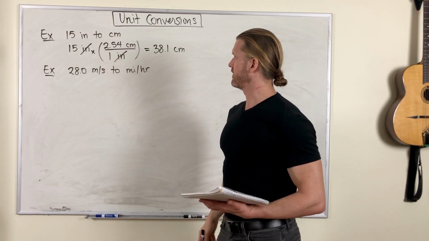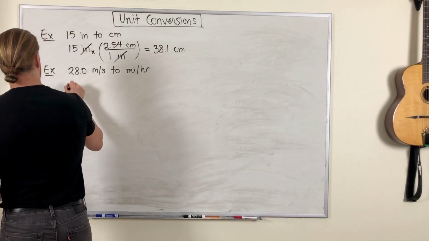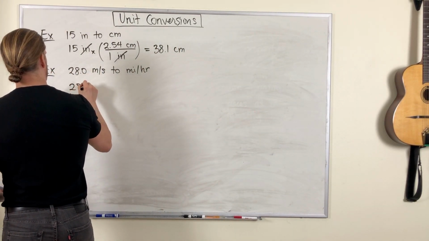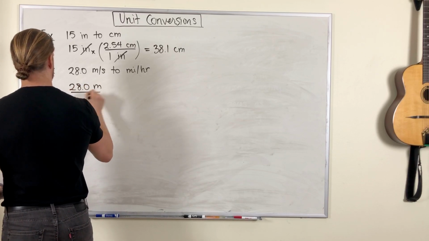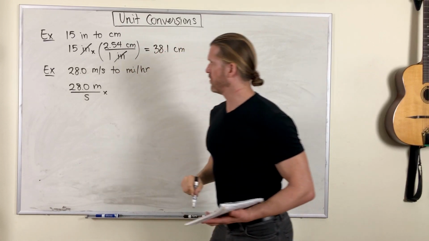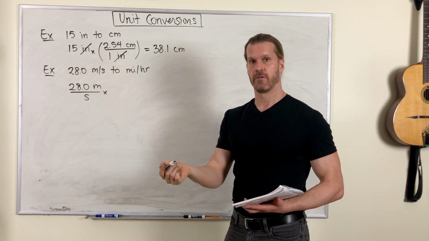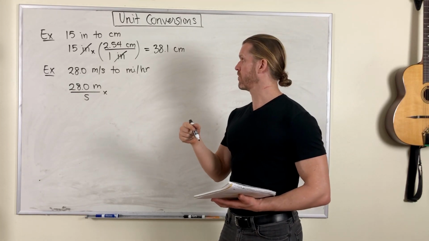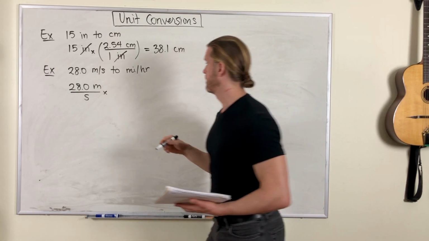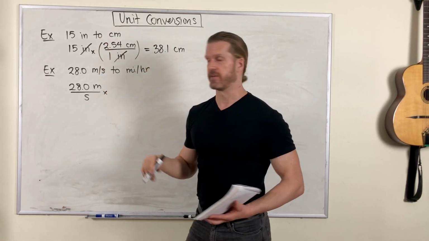So 28 meters per second is how many miles per hour? Well, I start out with my known quantity, and I multiply by a conversion factor for meters to miles and another conversion factor for seconds to hours. So let's do the meters to miles first. It doesn't matter what order you do it in.